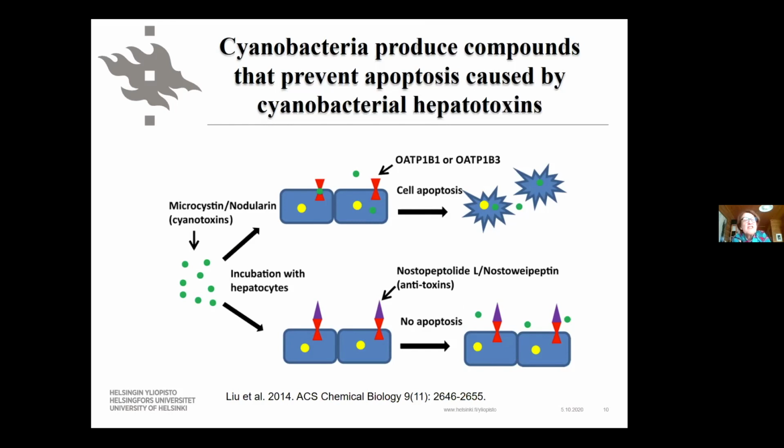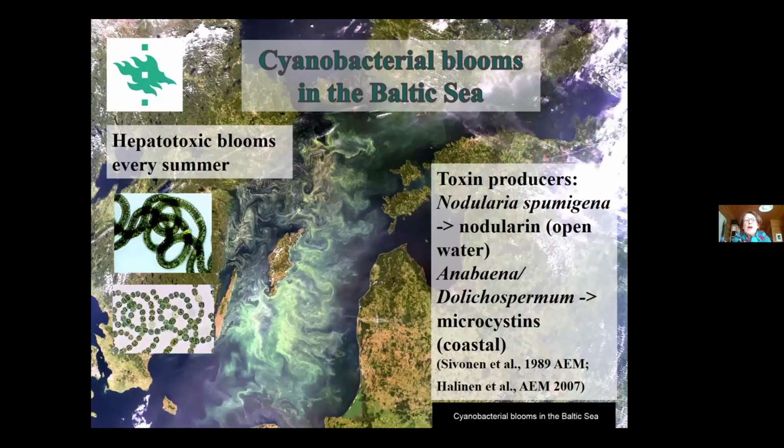These hepatocytes were used as a detection method for hepatotoxins, but in this case you can see that they might not always be reliable. So now I go to cyanobacterial blooms in the Baltic Sea. We know now that hepatotoxic blooms occur every summer.